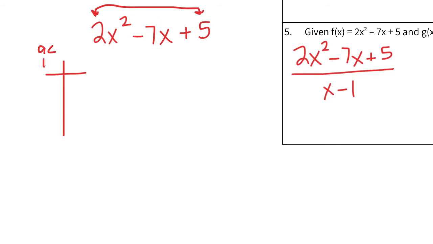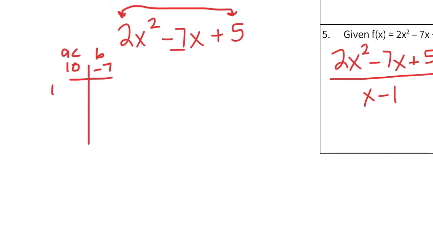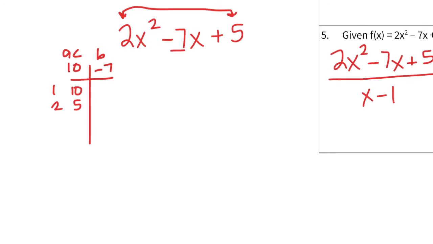So that's 10. I'm going to find all my factors of 10, and the goal is to have them add up to b, which is that number in the middle, -7. Let's go through the factors of 10. I can do 1 times 10, or I can do 2 times 5. But you could also think in terms of negatives.